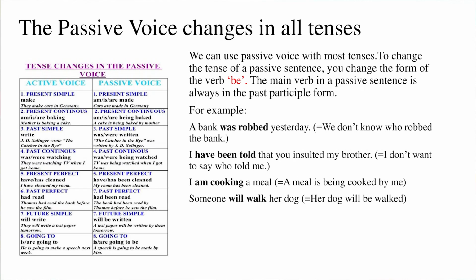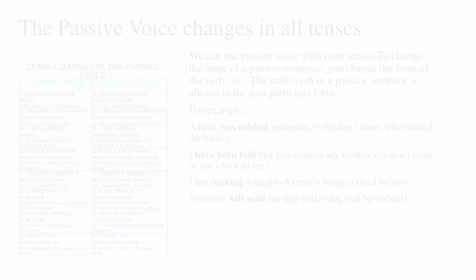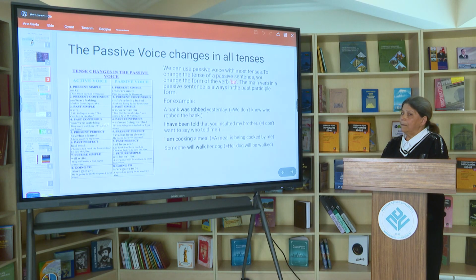For example, if I say, I make a box, it is an active sentence. In the passive sentence, it will be in this way. The box is made by me.